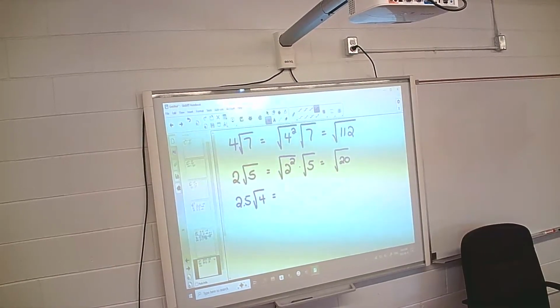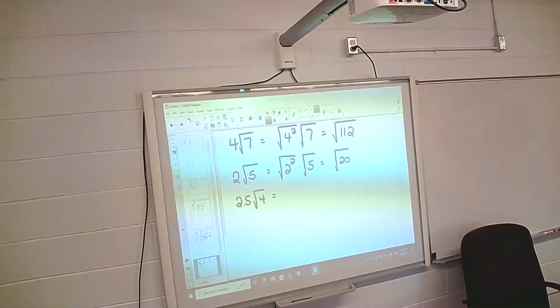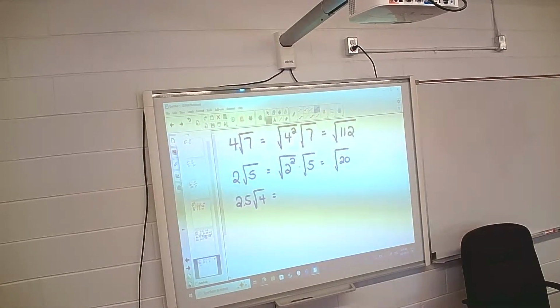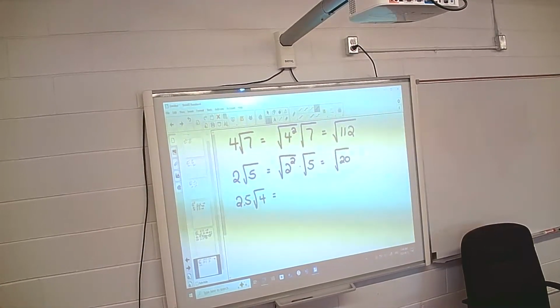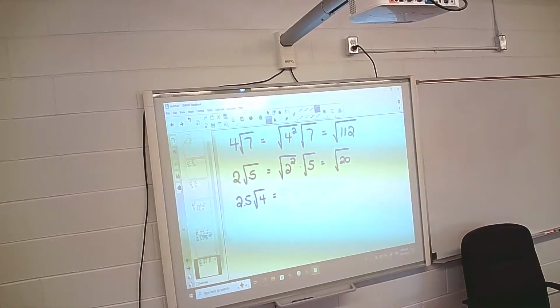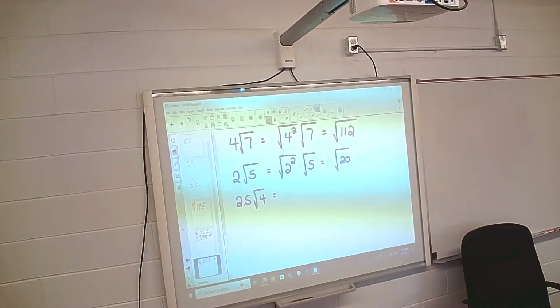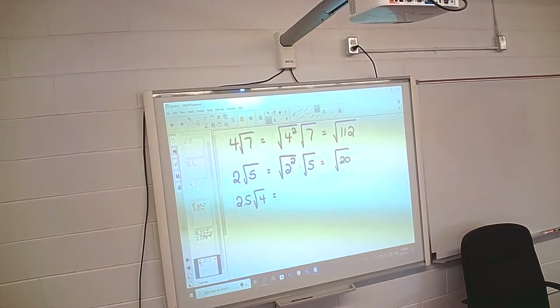Square root and square the 2.5. Yeah, I agree. I want you to recognize one other thing before we go any further. What else do you see about that question? The root, like the 4, that's a perfect square.